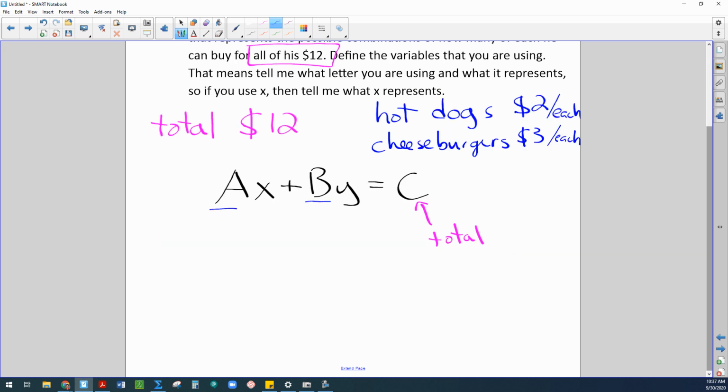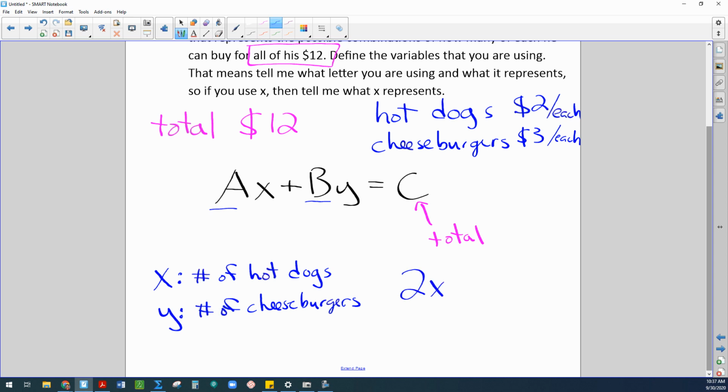So if I let X equal the number of hot dogs that I can buy, and I let Y equal the number of cheeseburgers I can buy, then my equation would be $2 for each hot dog, 2 times X, $2 times the number of hot dogs, plus $3 times the number of cheeseburgers equals my total.